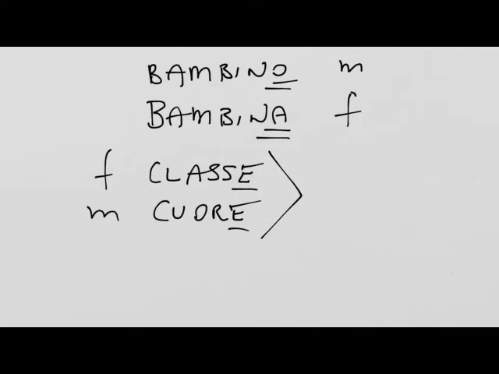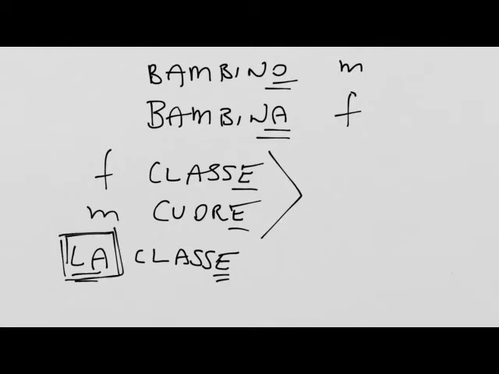A mnemonic device is to learn the article that goes in front of the specific word. La classe. You cannot tell whether it is masculine or feminine by the ending e, but if you remember that it is la classe, this will tell you la is the feminine article, will tell you that classe is feminine.